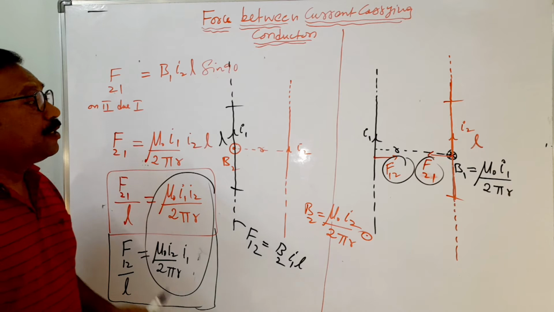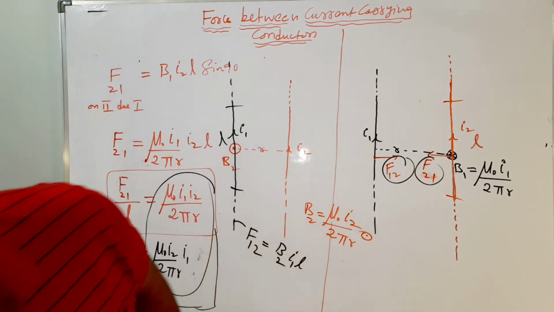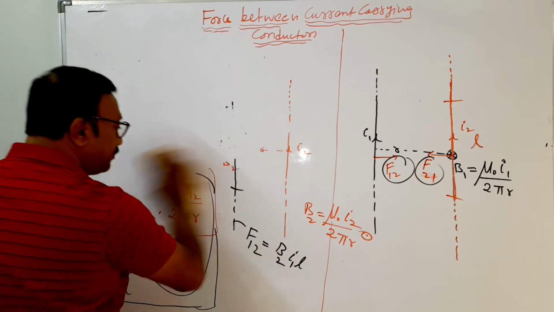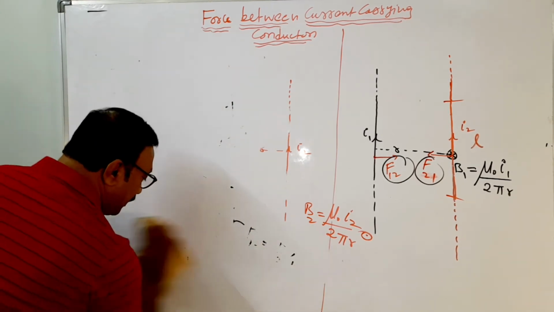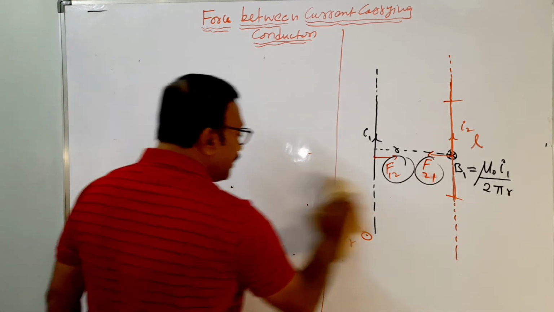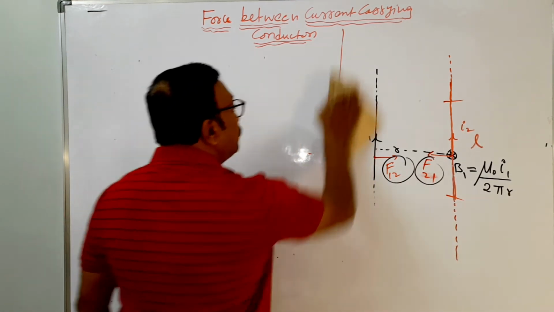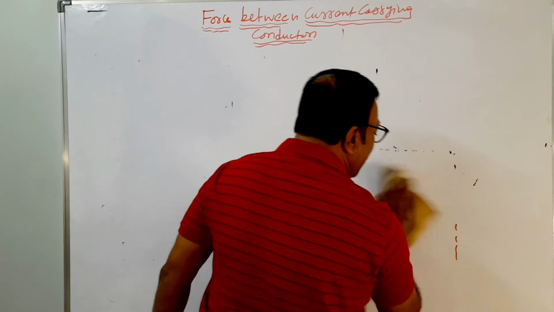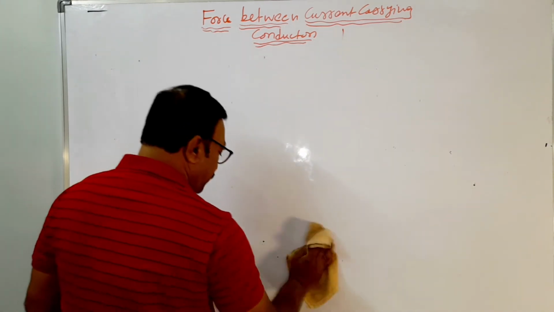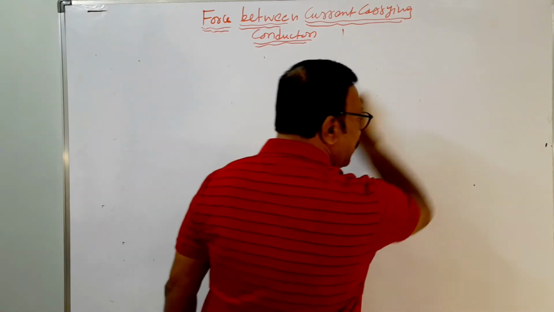Right. So now I'll reverse the current in one of the conductors and I'll check what happens to the force now. See, if currents are flowing in opposite directions, the magnetic field will be reversed. The force has to be reversed.